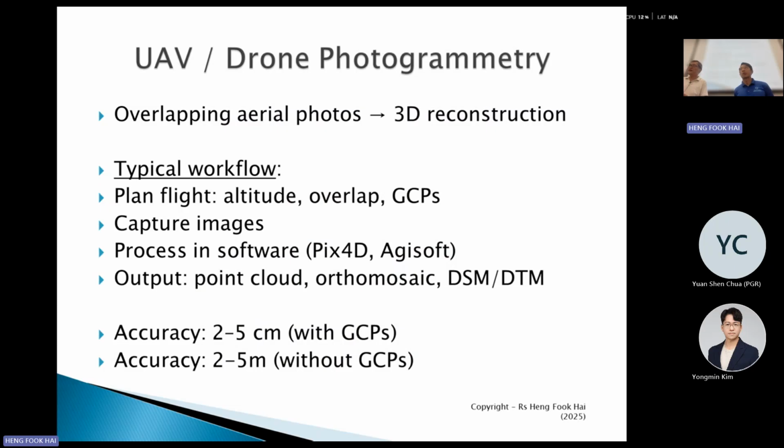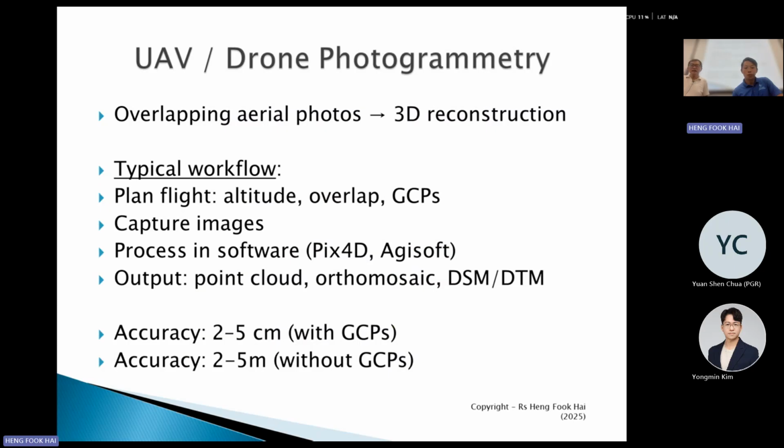To collect 3D data, you need an overlap of photographs of a minimum of 30%. Anything less, whatever information you collect will be useless. So just take note, you need to have 30% overlapping of the photographs.